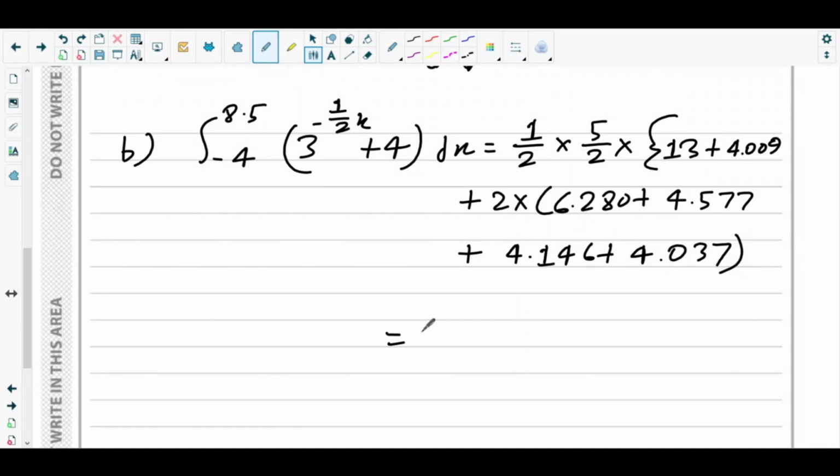0.5 times 2.5 times, in brackets, 6.280 plus 4.577 plus 4.146 plus 4.037, times 2, then plus 4.009 plus 13.